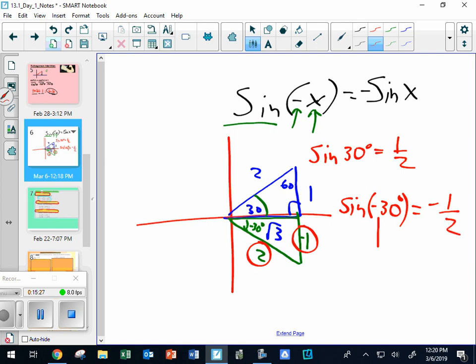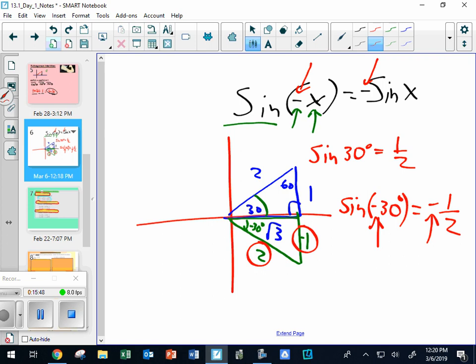Do you get it? When I did the opposite of the angle, I got the opposite answer. That's what this math truth is saying: if you do sine of the opposite of the angle, you will always get the opposite of the answer.